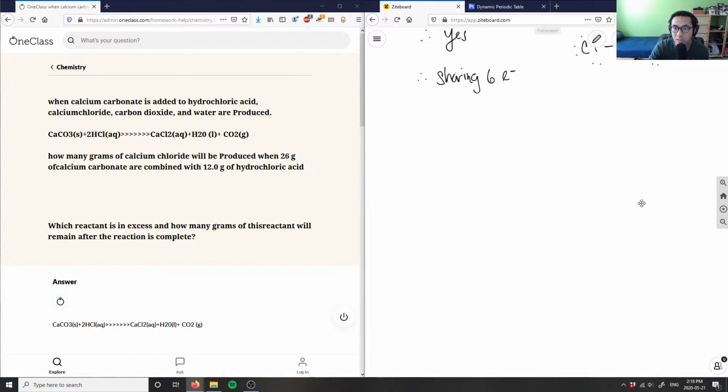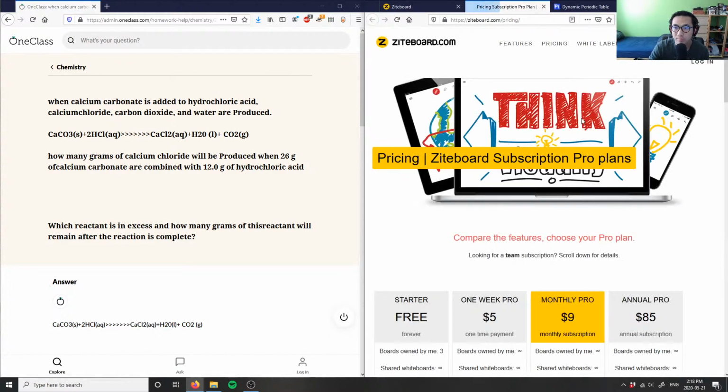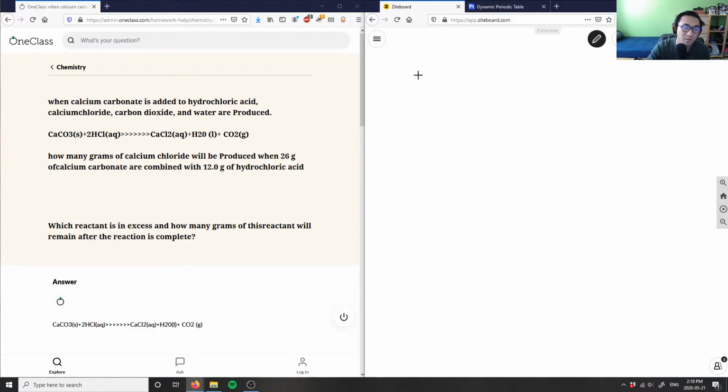Let's look at number 3. It says when calcium carbonate is added to hydrochloric acid, calcium chloride, carbon dioxide, and water are produced. How many grams of calcium chloride will be produced when 26 grams of calcium carbonate are combined with 12 grams of hydrochloric acid? Which reactant is in excess, and how many grams of this reactant will remain after the reaction is complete?